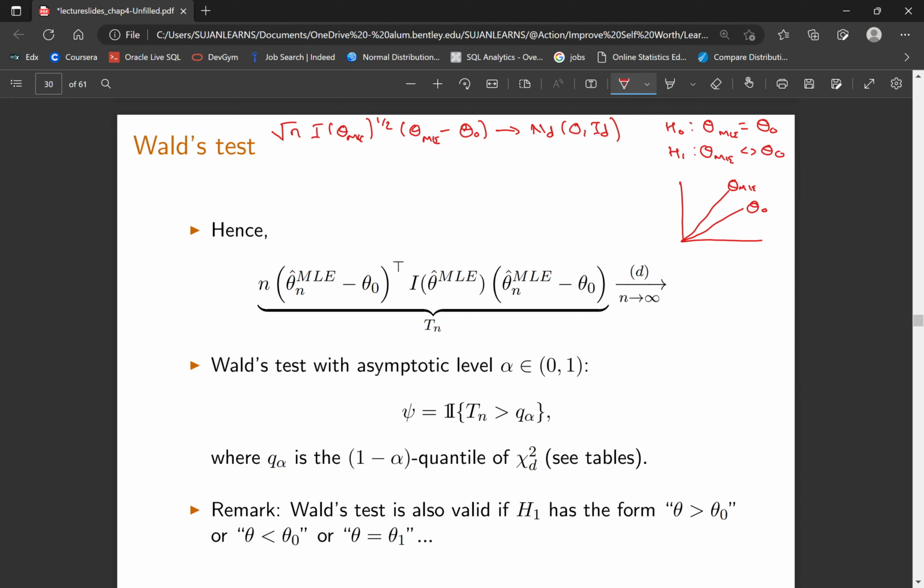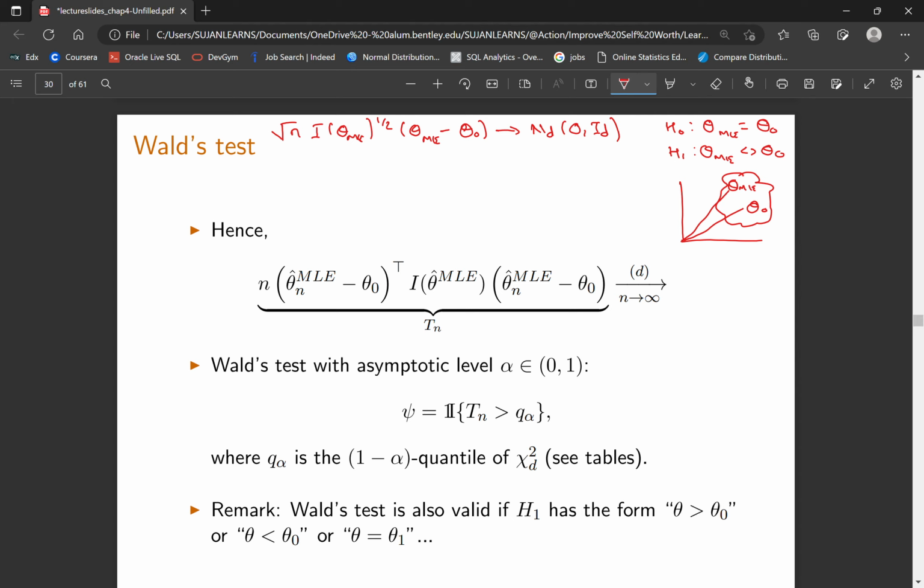Since theta naught is fixed, the theta MLE is estimated, so it would vary within some range on multiple occasions of estimation. Most of the time, the theta MLE is equal to theta naught. That's what we want to prove.